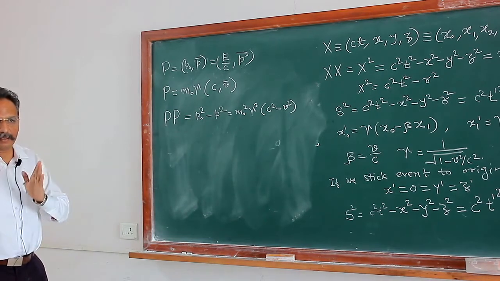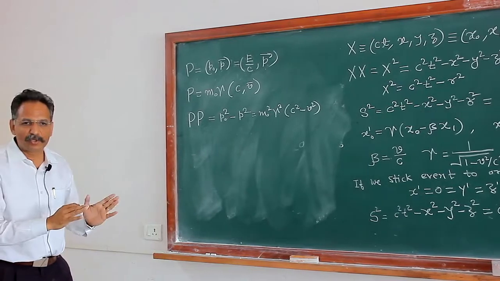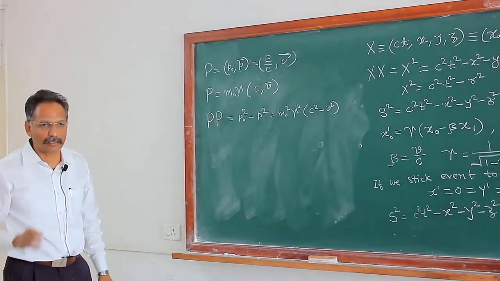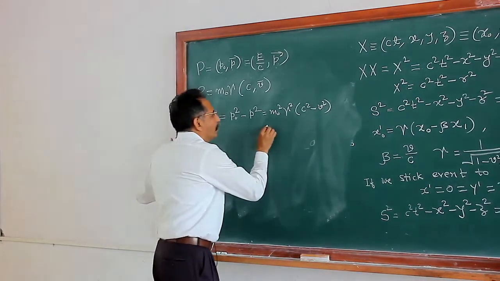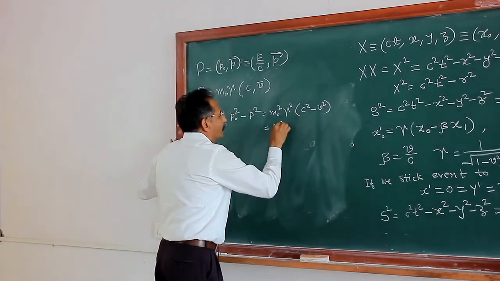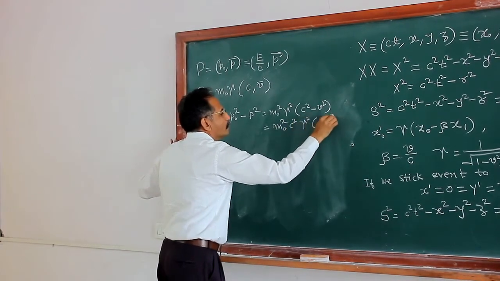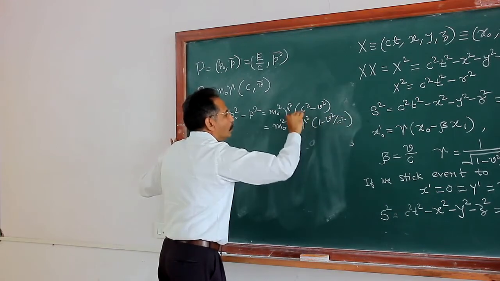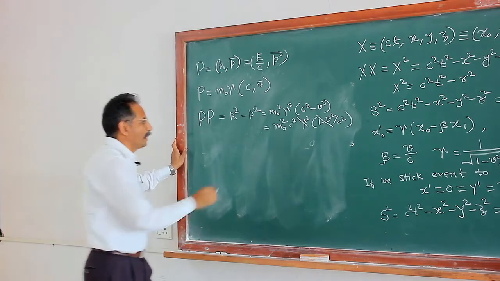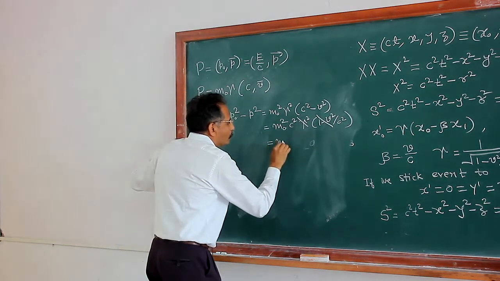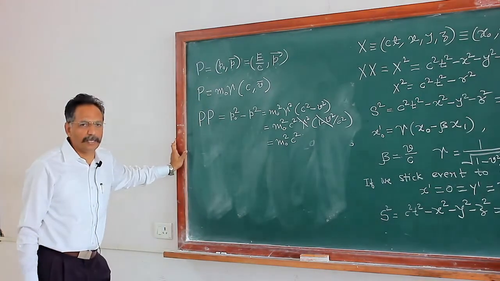For 4 vector A into 4 vector A, we have written A0 square minus A bar dot A bar. In the same fashion we have done this. So if you take C square common, M0 square C square gamma square into 1 minus V square by C square. So this cancels out. So we are left with M0 square C square. So this is P dot P.